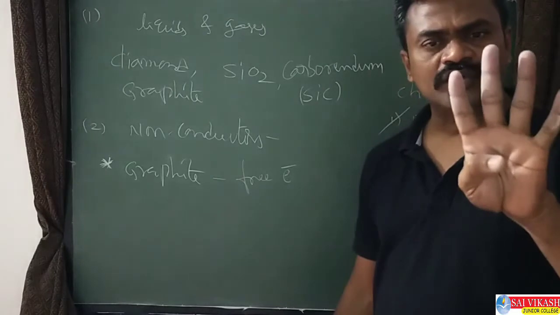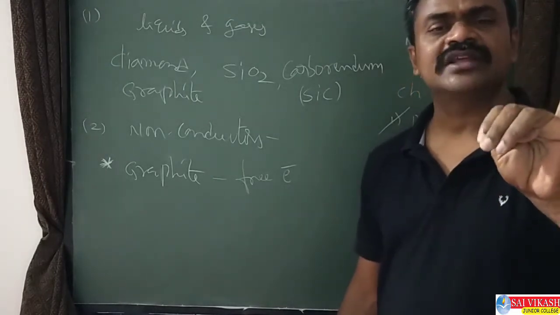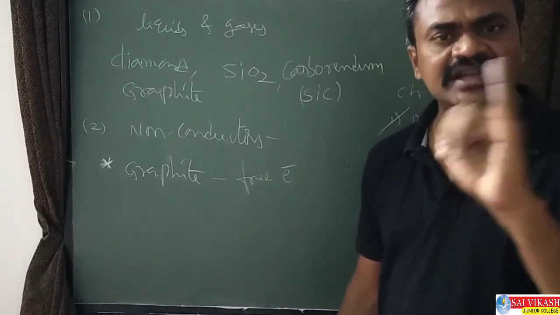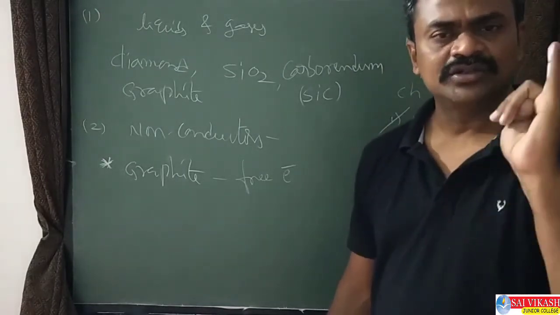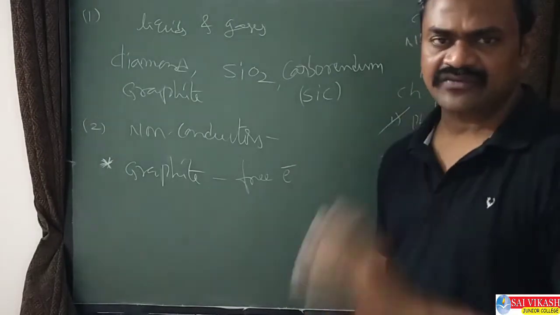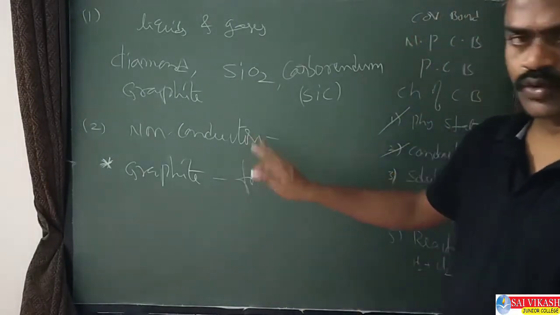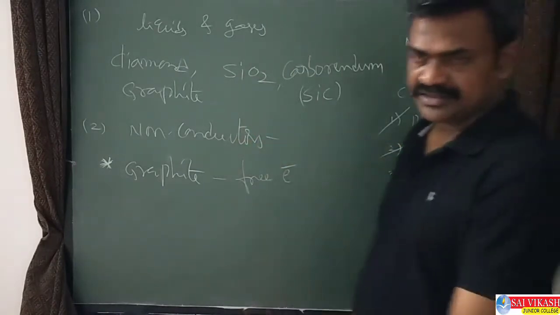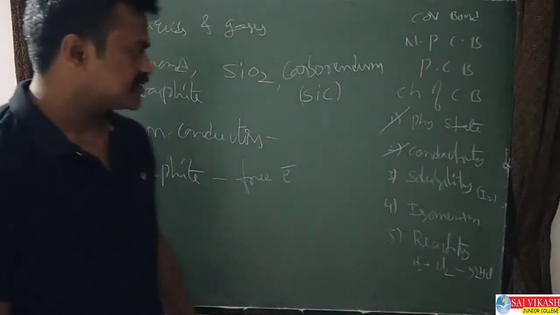Out of 4, only 3 electrons are involved in the bonding. The 4th electron moves freely in the graphite. Through this electron only, the current flows in the graphite. That's why graphite is a good conductor. Remaining all are non-conductors of electricity. This is the second characteristic property.